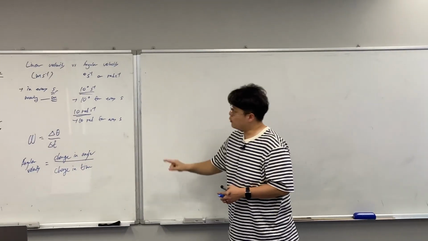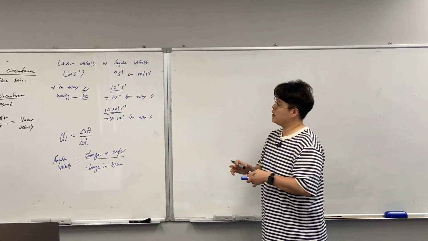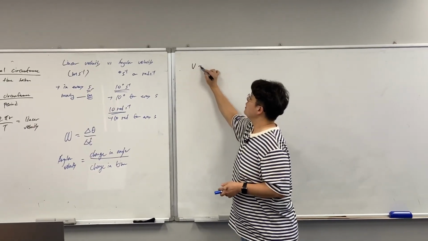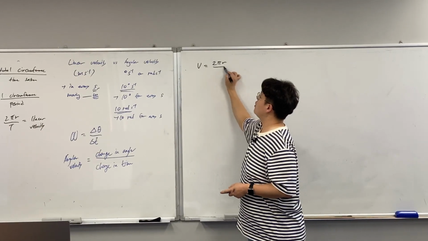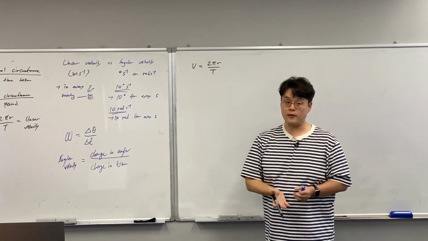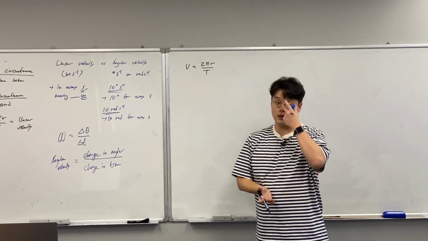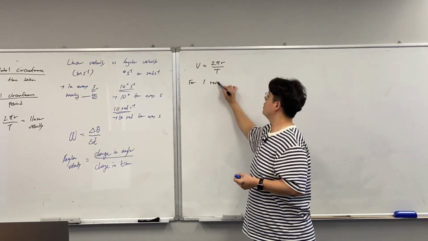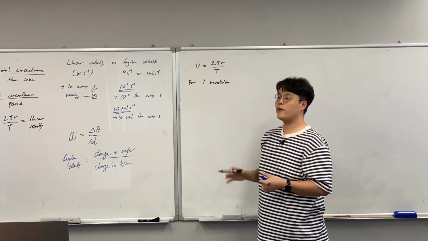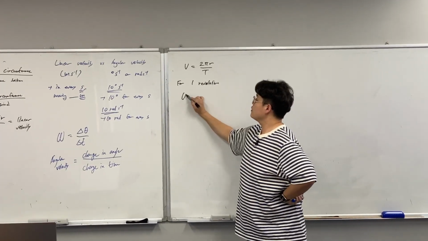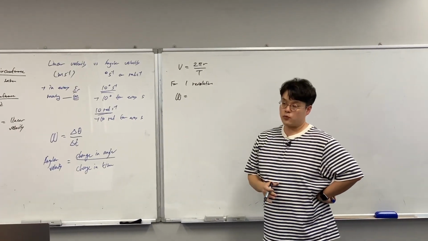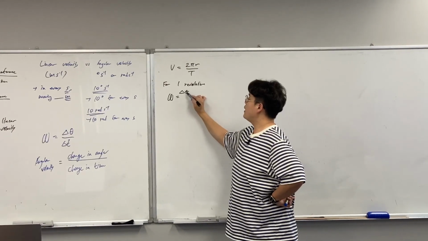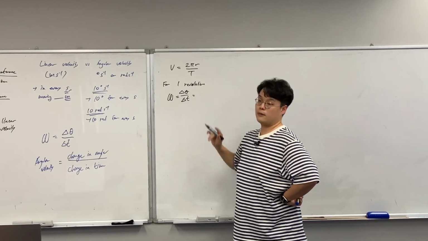All right, let's think about the relation here. What we know is that the velocity v is 2 pi r over T. That's given. Now, for one revolution, the angular velocity can be measured as delta theta over delta t.